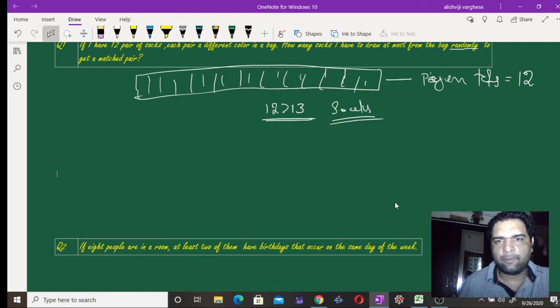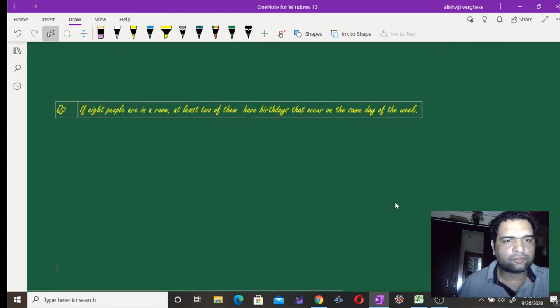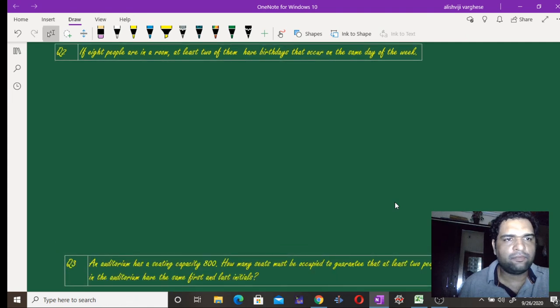But if we are selecting socks from this particular bag in a dark room, and we are required to take the minimum number of socks in such a way that we can ensure there is a matched pair in our hand, then the minimum required number of socks we should take with us is 13.